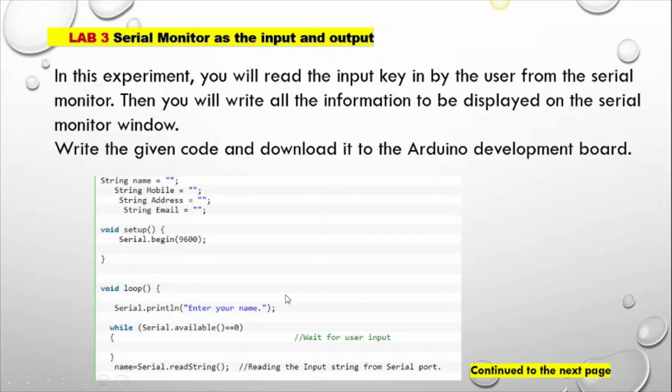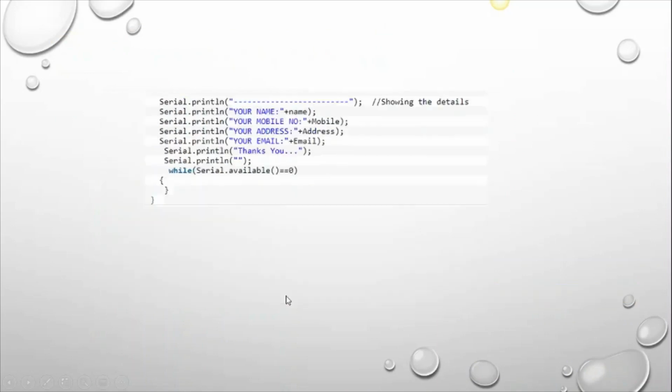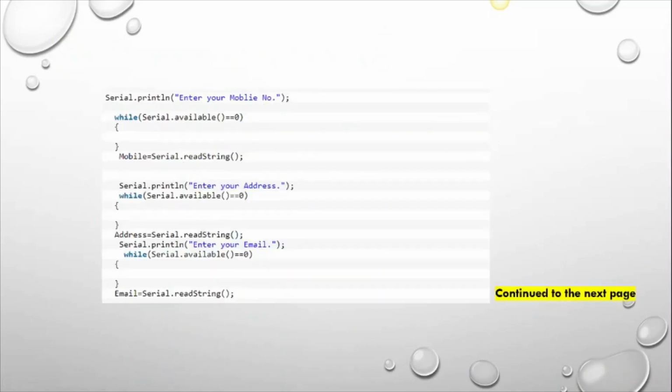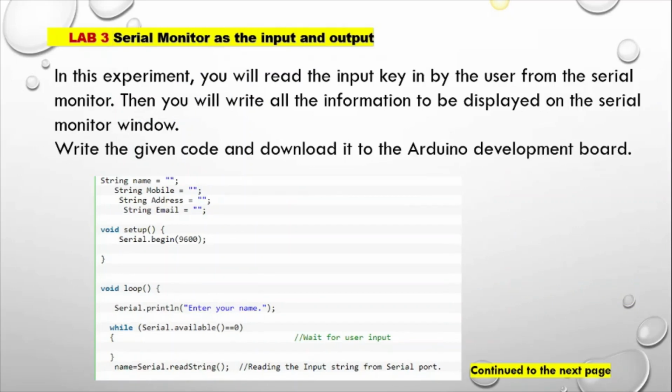So you just write this code, and then you see what output you can observe from your serial monitor window. So in the next video, I will show you how to use the serial monitor function from the Tinkercad. Okay, see you again.